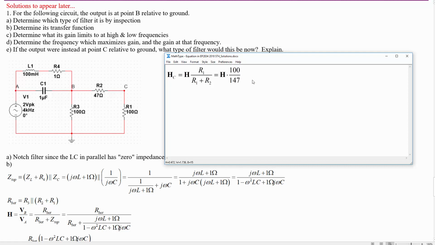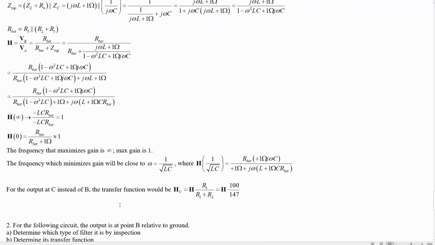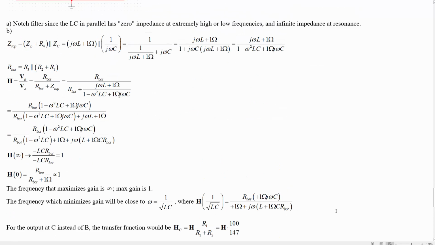And so all it's going to do is scale all of the gain factors down by close to 33%. So that means this is the same type of filter, a notch filter, but with a lower gain at all frequencies.